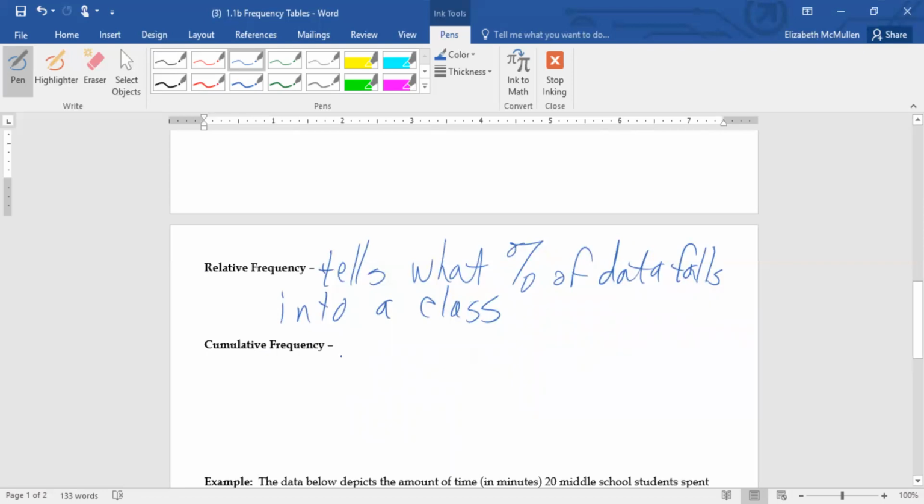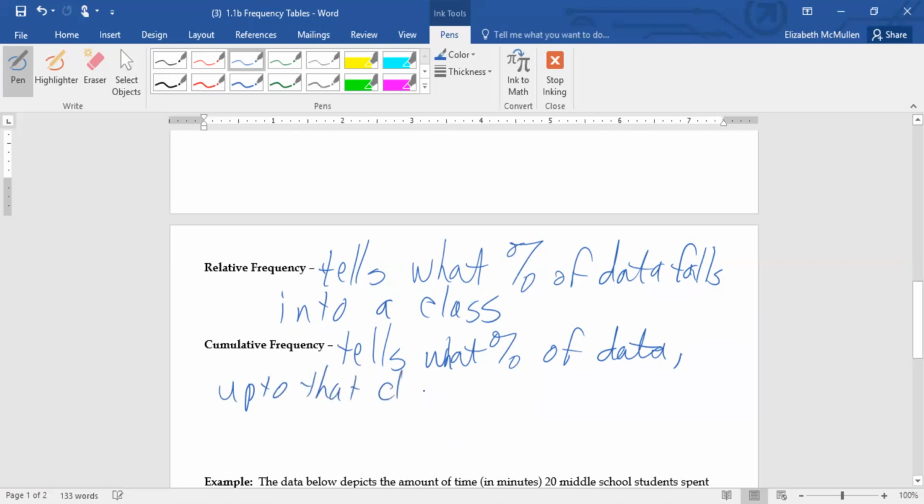All right, cumulative frequency tells what percent of data up to that class has been represented. Okay, you can think of cumulative frequency as a running total.